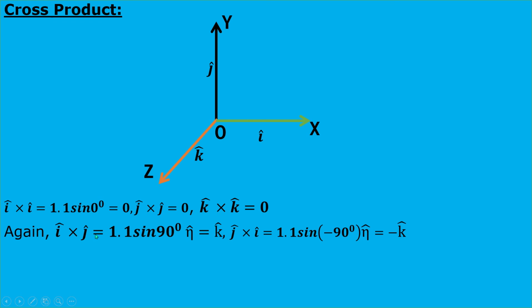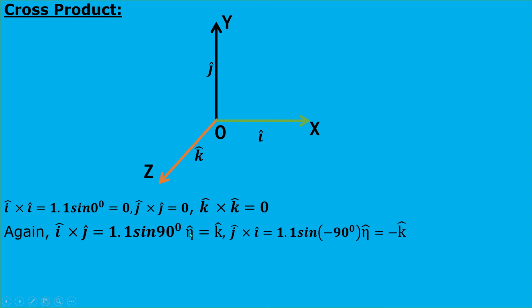But I cross J is 1 times 1 times sine 90 degrees, because their included angle is 90 degrees, as the Z-axis lies at 90 degrees to the x-axis and y-axis. So the direction will be perpendicular to x and y. So I vector cross J vector equals K vector.